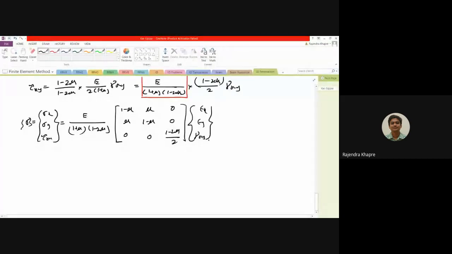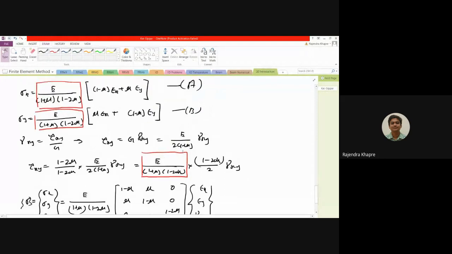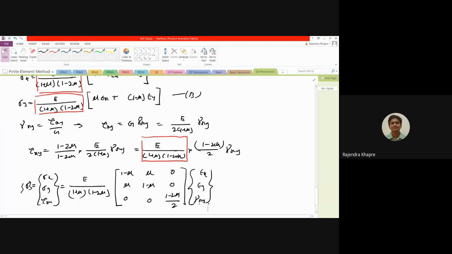If you go for the multiplications here, expression A is sigma x. You can see sigma x is the product of 1 minus mu into epsilon x plus mu into epsilon y, and there is a 0 term, so 0 into the shear term gamma xy will be 0.